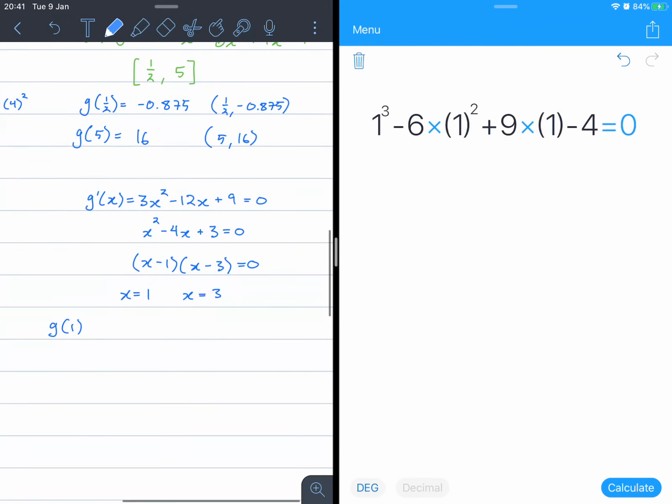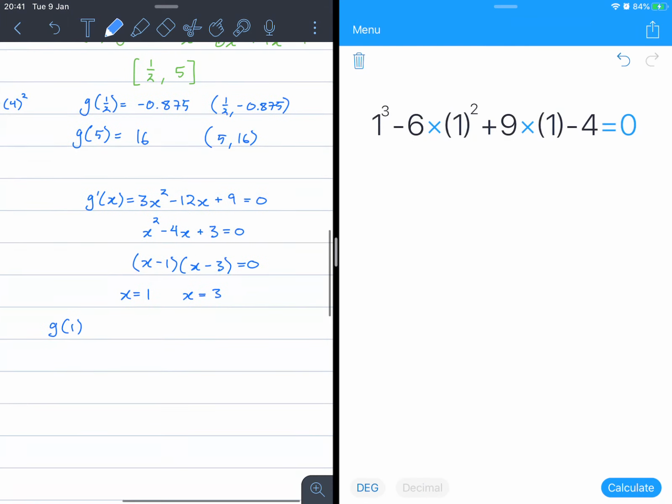So this is 1, 0. Let's test g of 3 now. 3 cubed minus 6 times 3 squared plus 9 times 3 minus 4. That gives me negative 4. So these are all the values that I need. This is going to be 3, negative 4.